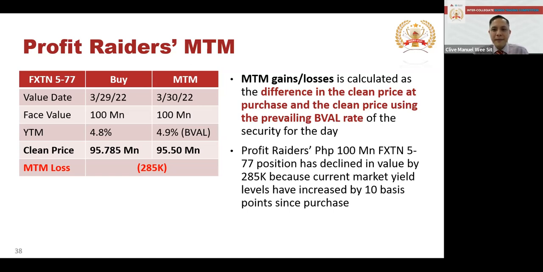I mean, it will not continue. Now that we've mentioned this risk management concept, you can discuss as a team how much losses you are willing to take, and you can set your own limits and observe it. Ayun. If you want to add more, Clive.